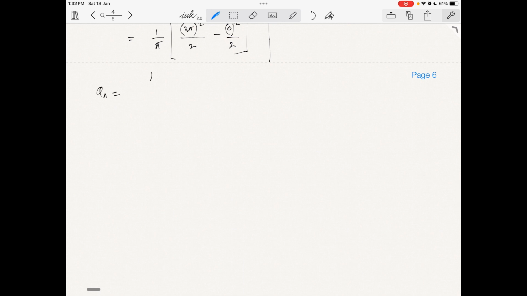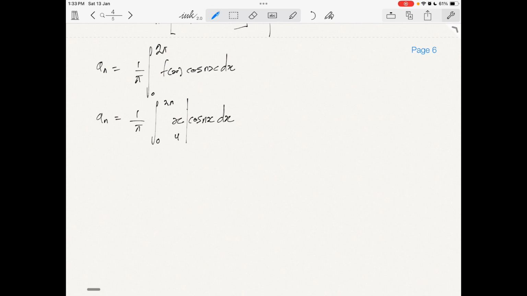Now thereafter, we substitute our f of x. So an is 1 over pi integral of 0 to 2 pi of x cos nx dx. Now how do we go about this?